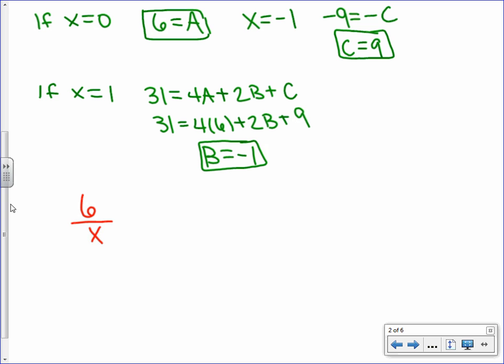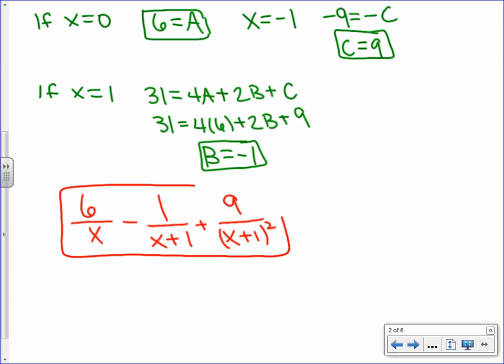Since B is negative, we can write -1 over x plus 1 plus C over x plus 1 squared. B is -1, and so instead of adding a negative, we can just make it a subtraction. If you put plus -1 over x plus 1, I'm not going to count it wrong. It just looks nicer this way.